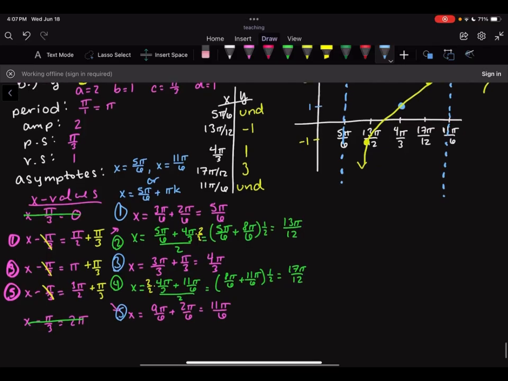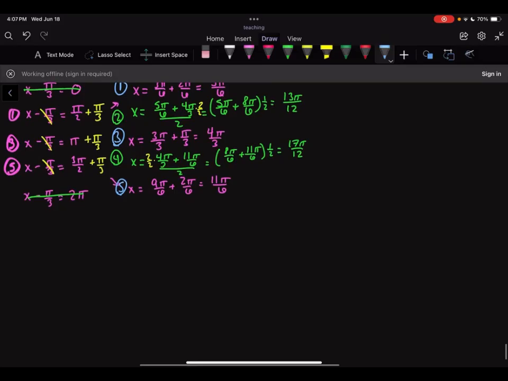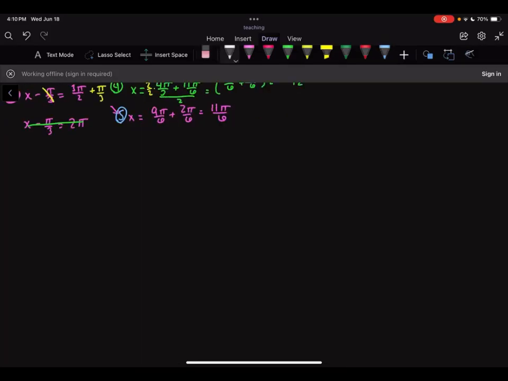Now let's go ahead and talk about cotangent. For cotangent, remember that instead of sine over cosine like tangent, it's cosine over sine. Or you can write it as x over y.